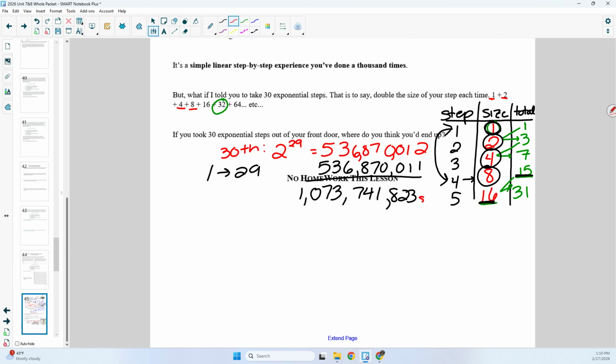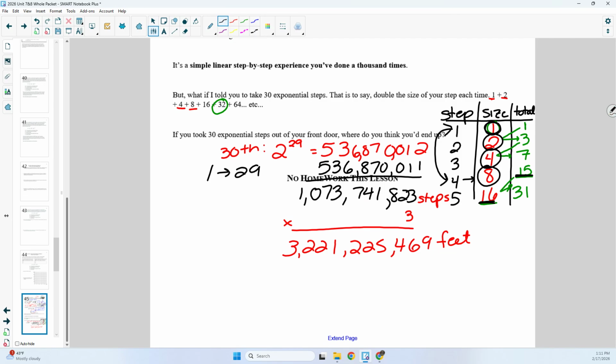Now, each of these steps, the average step is about 3 feet. So I'm going to multiply this by 3. And that's going to give me 3,221,225,469 feet.